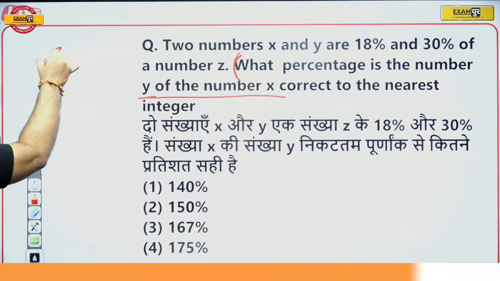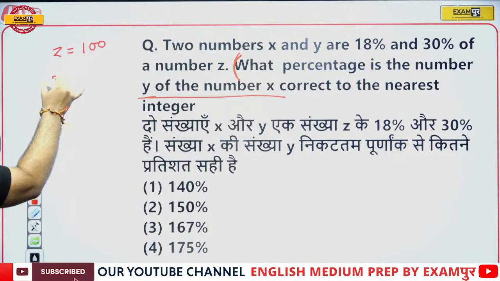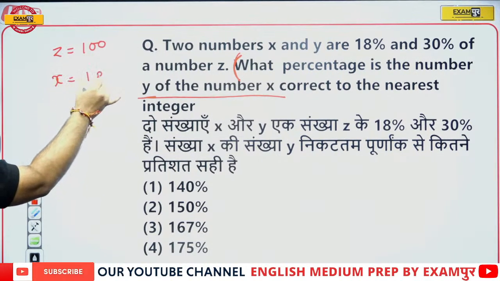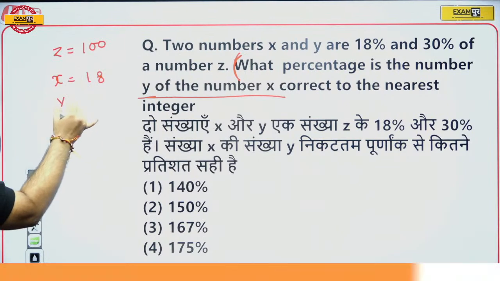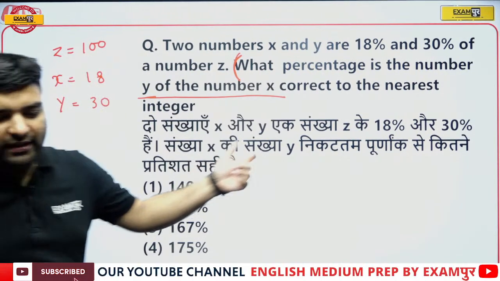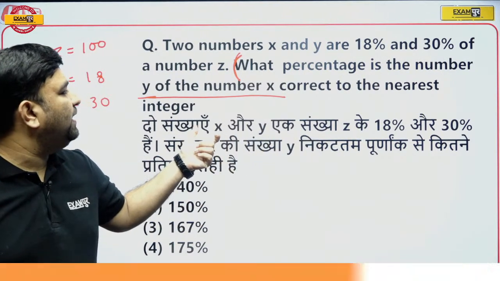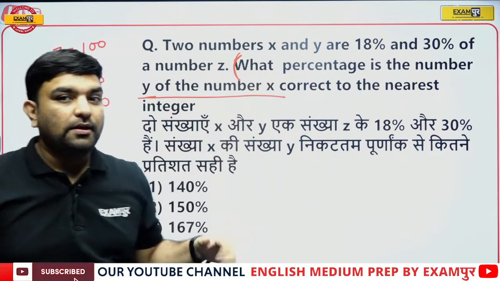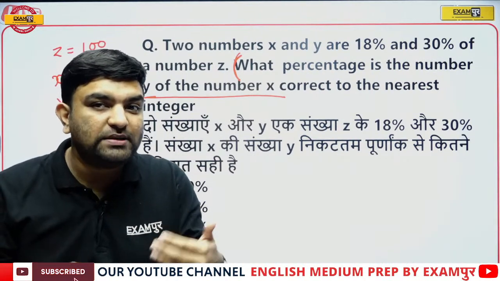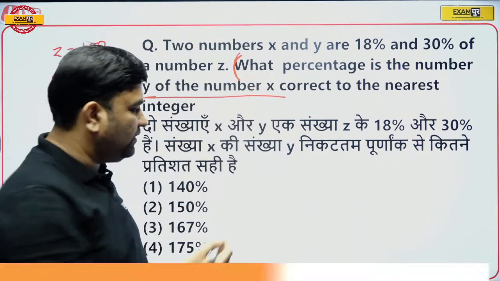So let z be 100. So x is 18% of it, meaning 18, and y is 30% of it, meaning 30. What are they asking? What percentage is the number y of the number x? Means y is what percentage of x?